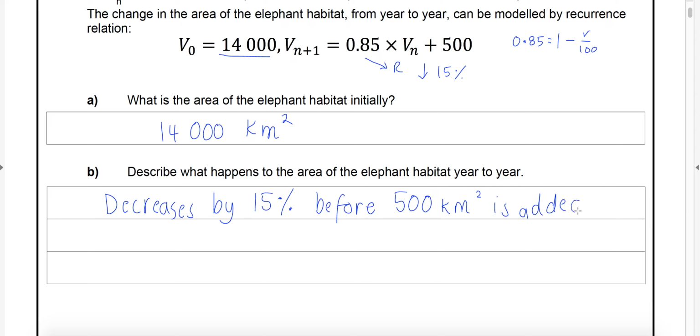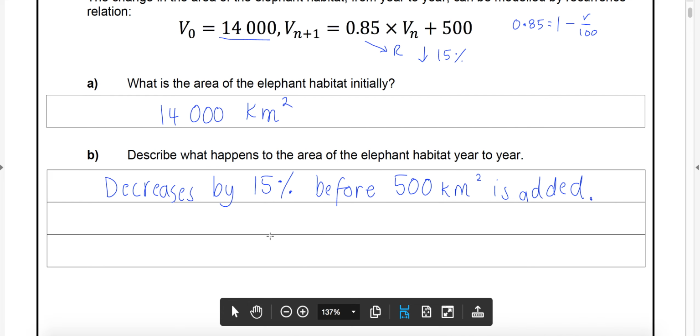Now, what we want to do as well is see, well, when you take off that 15% and then add 500 to it, is our new habitat smaller or is it larger than before? And then when that happens again, is it smaller or larger? We should have a look at whether overall we are losing habitat or gaining it.